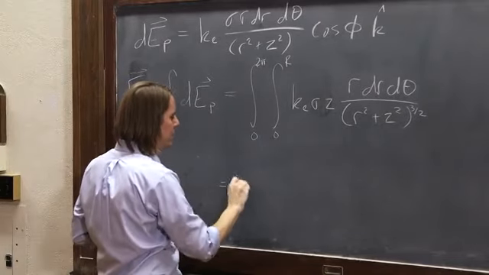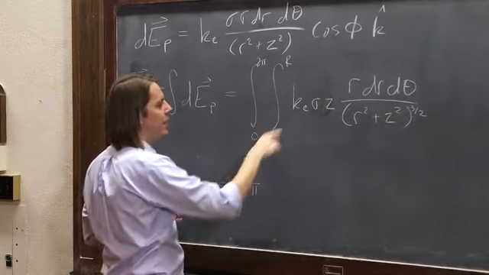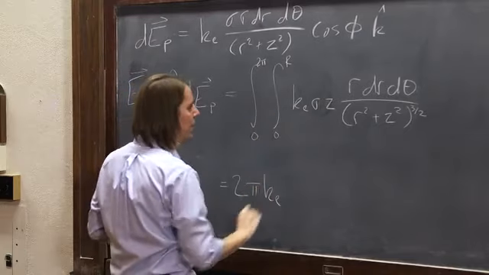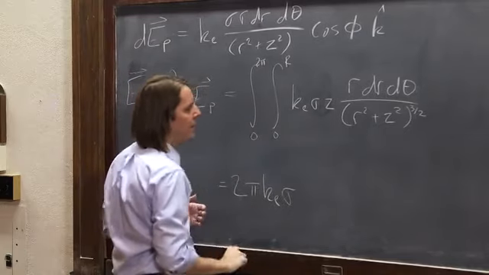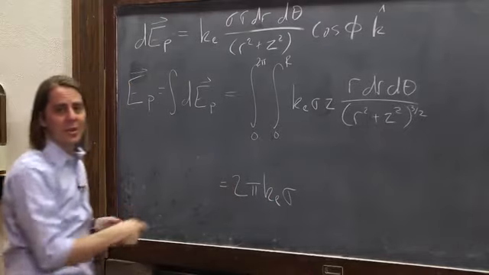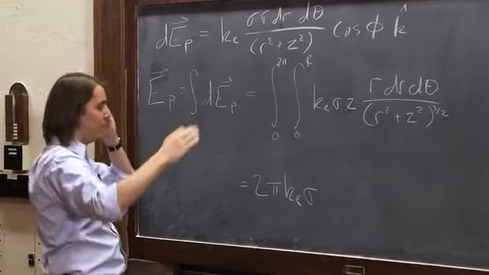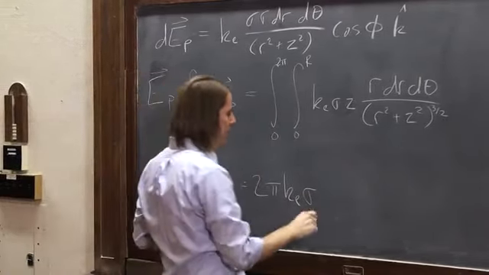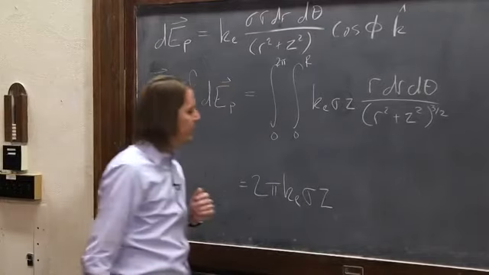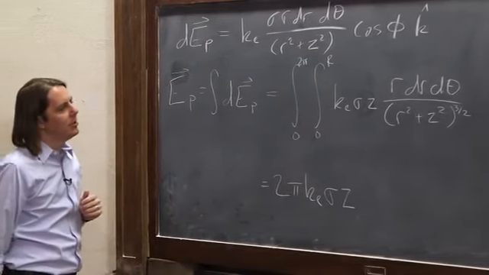Let me just write it as 2 pi as part of the constant. So the 2 pi is the theta integral, and then you still have a Ke, and you have a sigma, and actually z is a constant in this case. Z was just how far out are we, so that's not changing as we move around the disk. So there's our constants, 2 pi, Ke, sigma, and z.